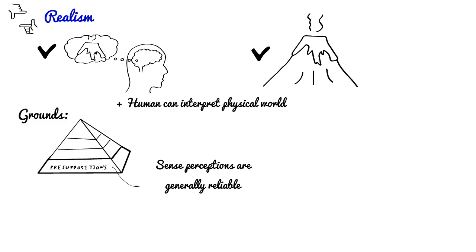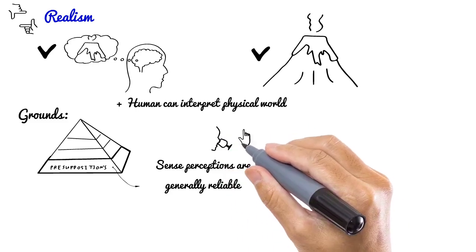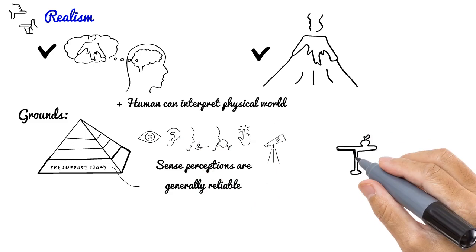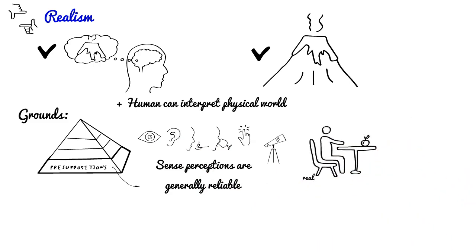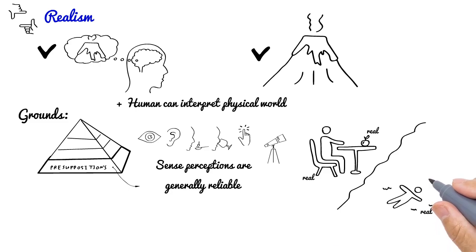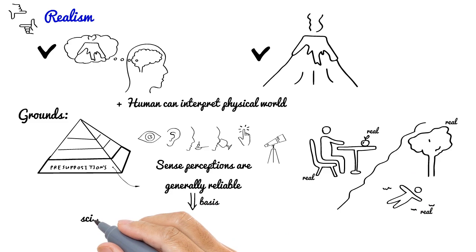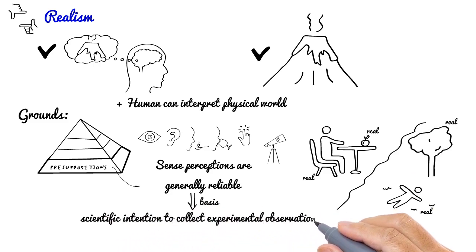Natural or man-made real objects can be the only restriction for our human sense perceptions. You can see, touch and smell objects around us. You can sit on a real chair in your kitchen while eating real food, or lie on real green grass under a real tree in a park. Such a presupposition is basic for the scientific intention to collect experimental observations and data.